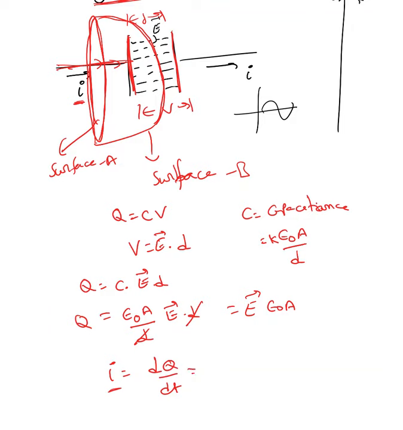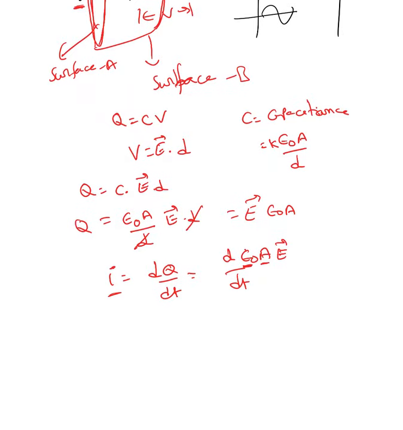So if I differentiate this, d of epsilon naught A times E over dt. Epsilon naught is a constant, and the area of the plate is also constant, not depending upon time. So I equals epsilon naught times d of E A over dt. Actually, I'm going to keep the area inside.